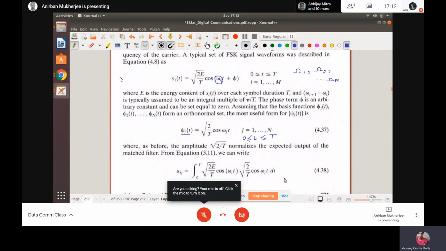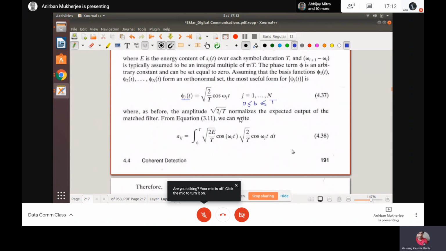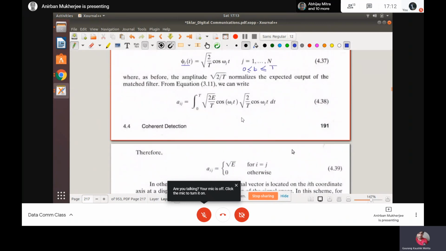If you can remember, we calculate aii and aij, that means aij is the integral of psi i into psi j, the integral from 0 to T of psi i t and psi j.